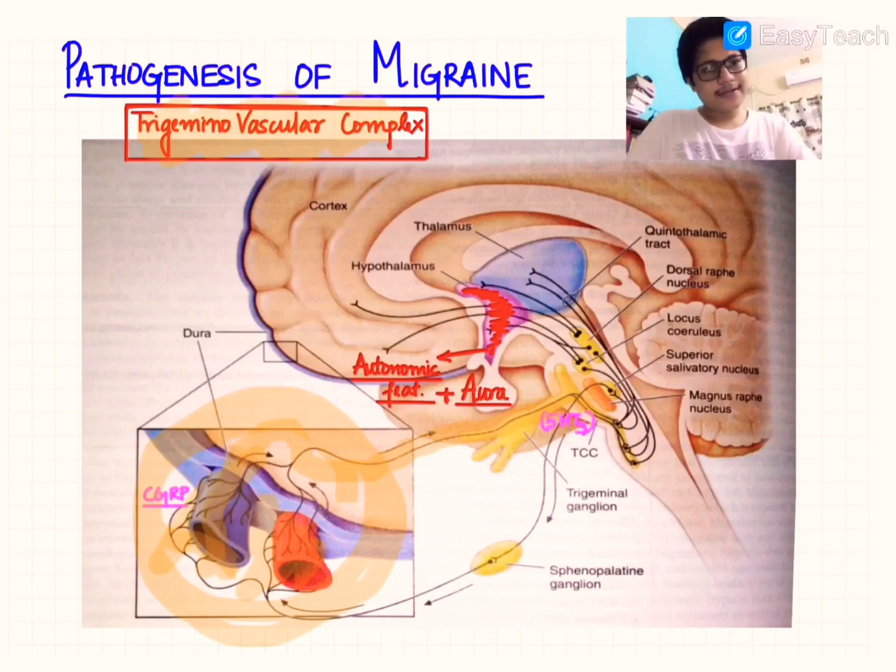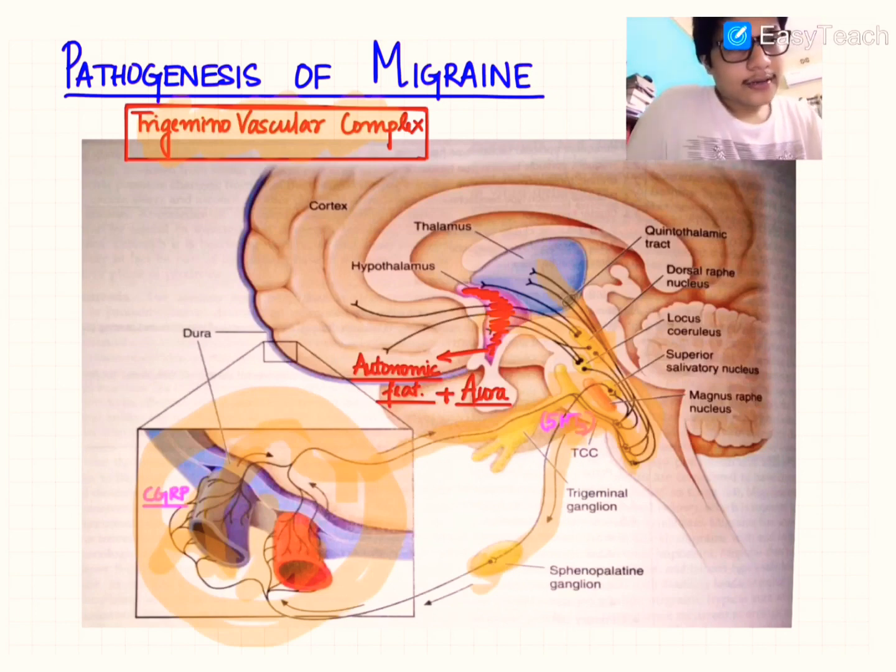From the trigeminal cervical complex, efferents are relayed to the sphenopalatine ganglion and also to the thalamus, the hypothalamus, and the nociceptive input to the trigeminal nuclei are modulated by these three things: the locus coeruleus, the nucleus raphe magnus, and the dorsal raphe nucleus.